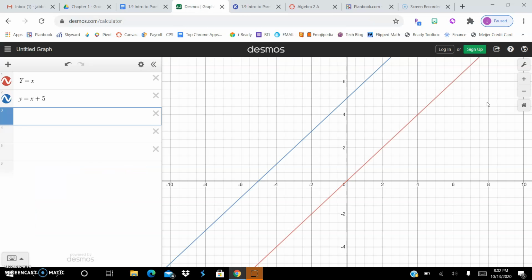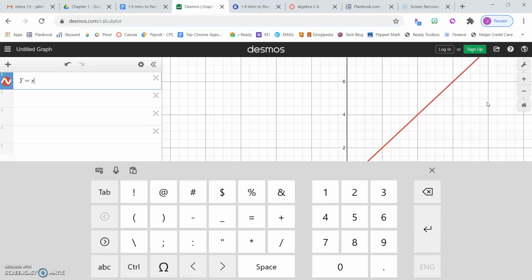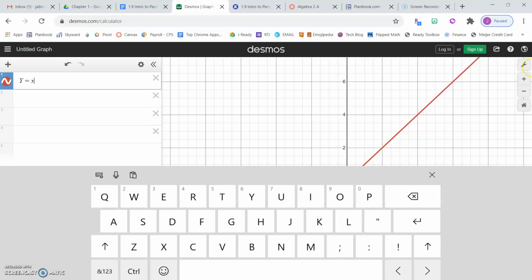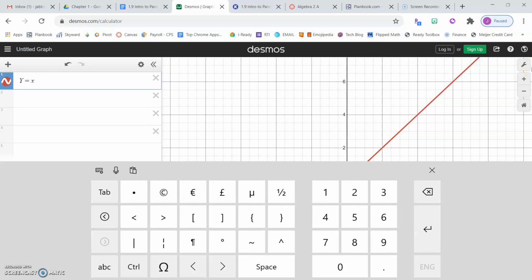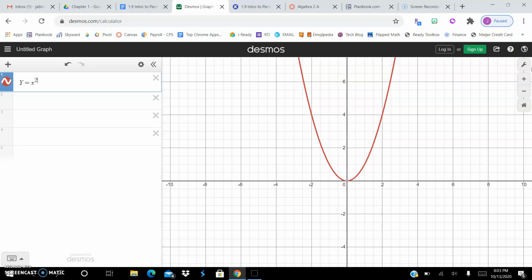So if I go over here, I'm going to clear out these. I'm going to enter in x squared here, to the second power, so we can see our parent function.